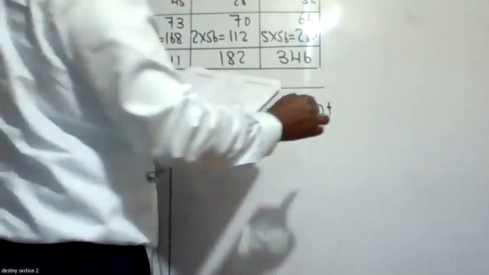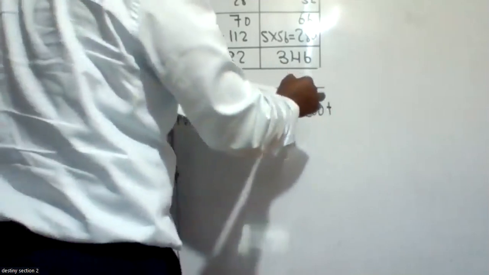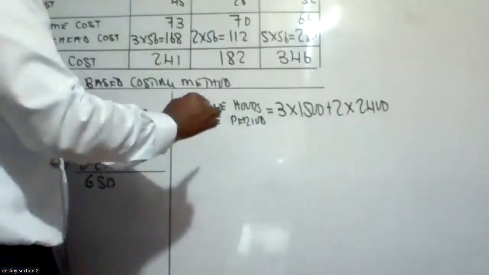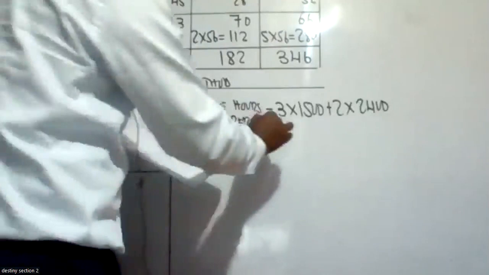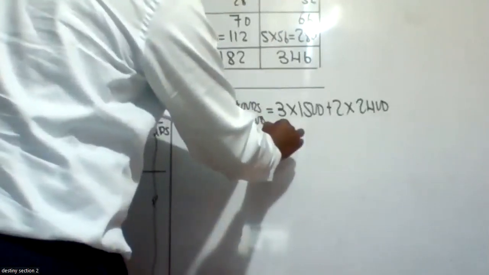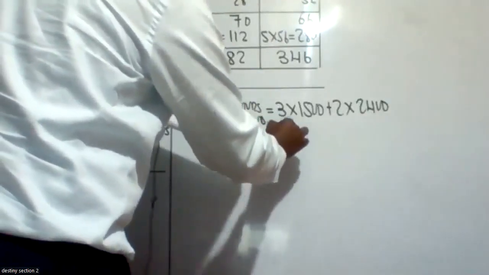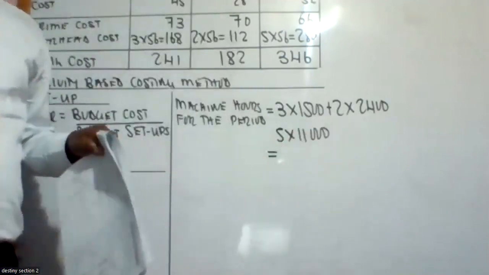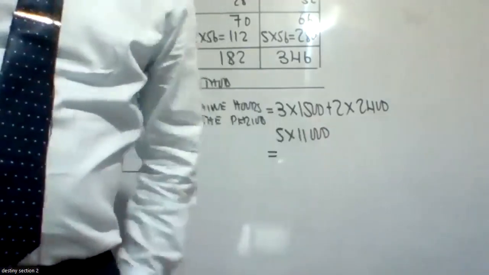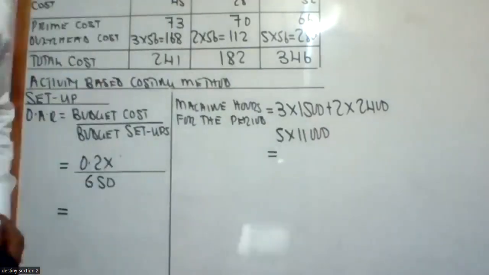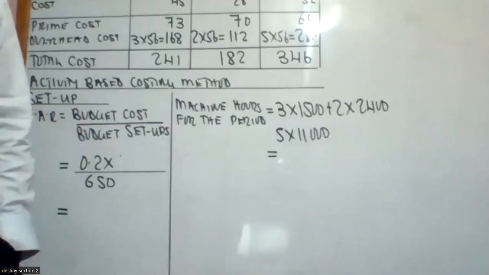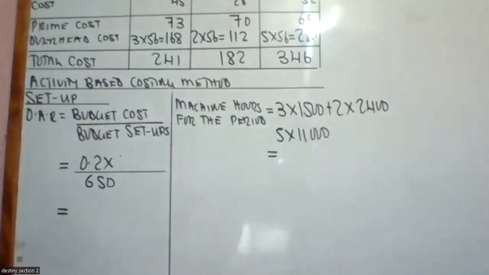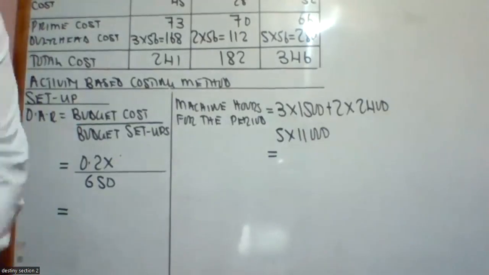Product B is taking 2 hours, and we have 2,400. And then product C is taking 5 machine hours, and we have 11,000. So give me those machine hours, so that we know how many machine hours belong there.